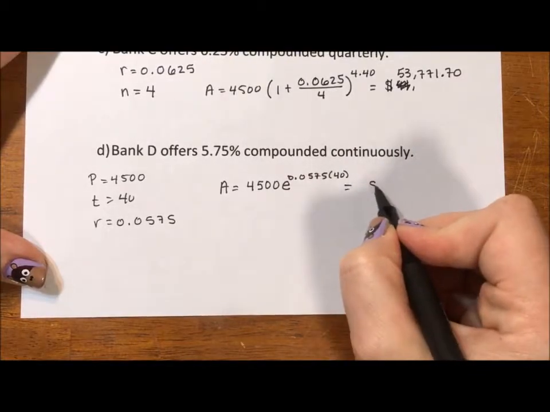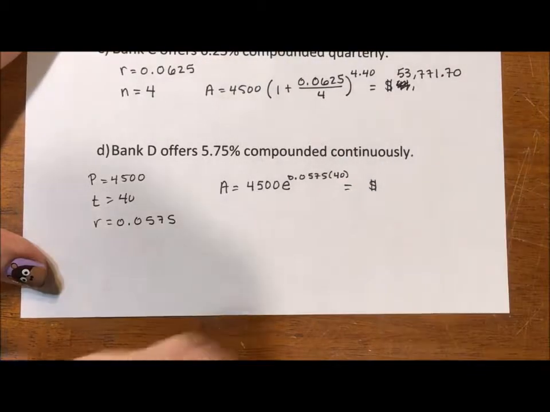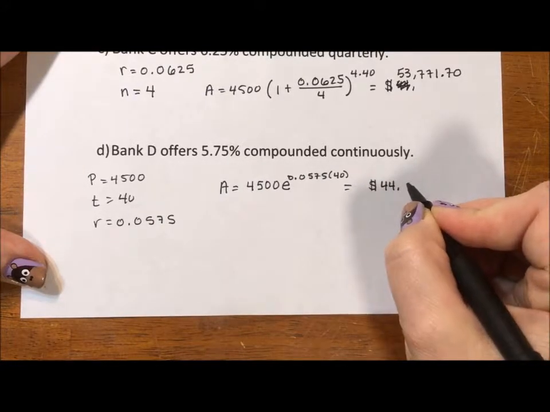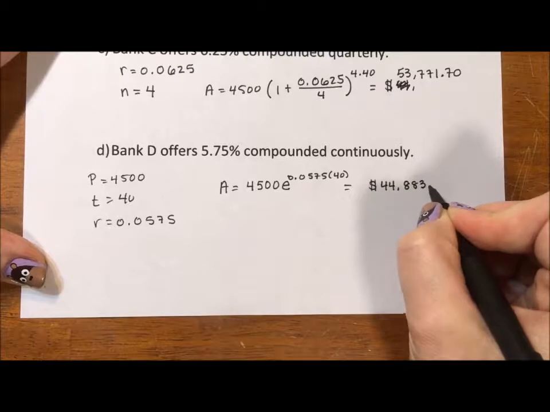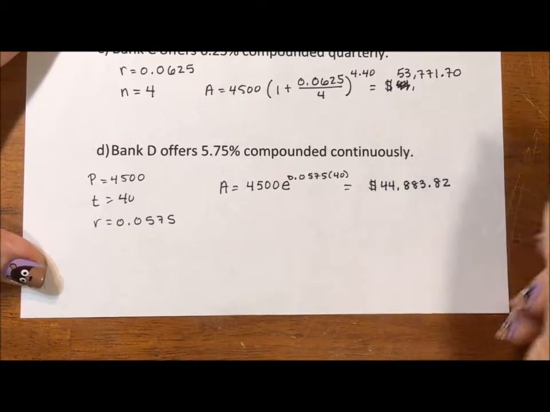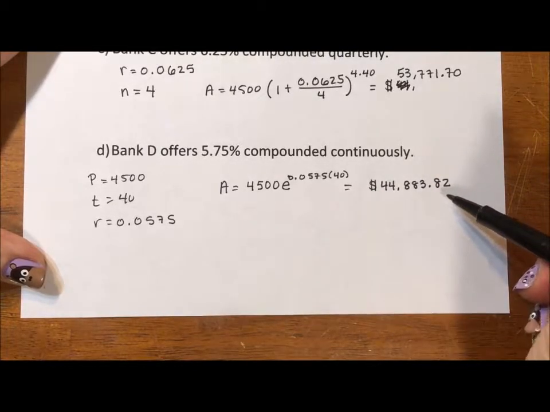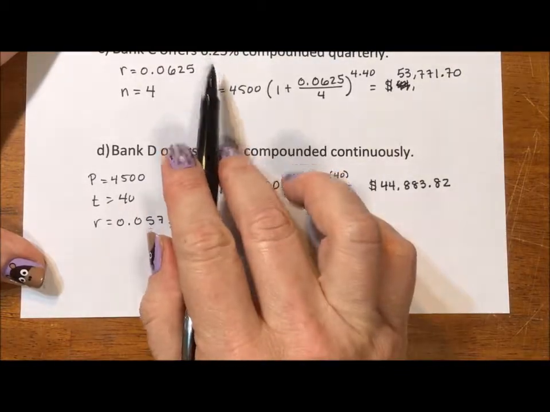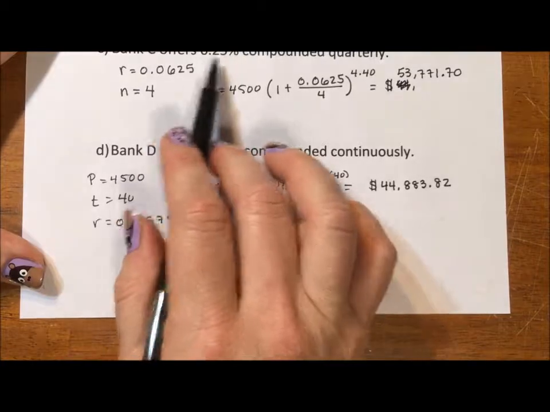If we throw this into our calculator, we find out at the end of 40 years, she will earn $44,883.82. So even though it's continuously being compounded, the interest rate is half a point less than bank C.